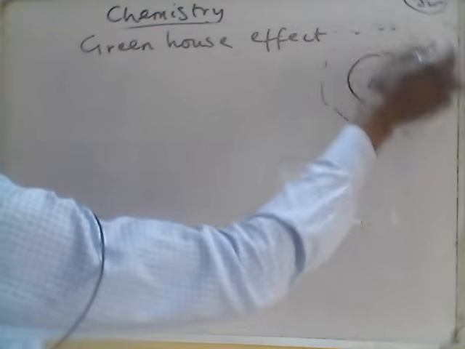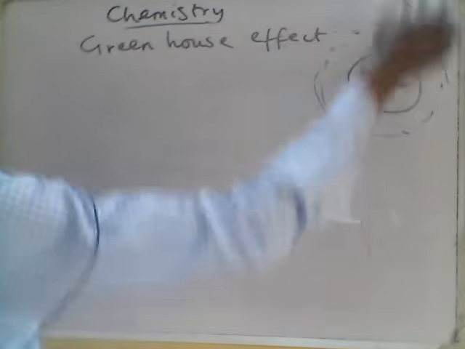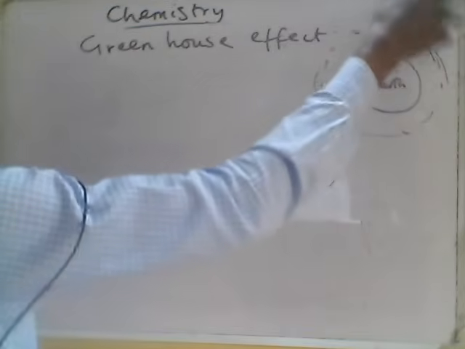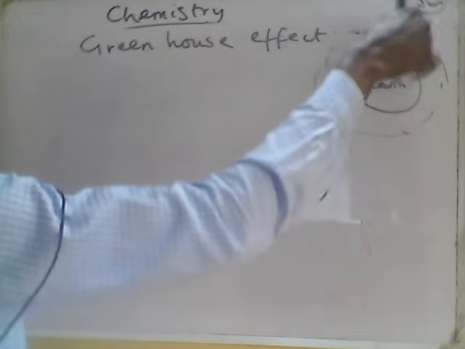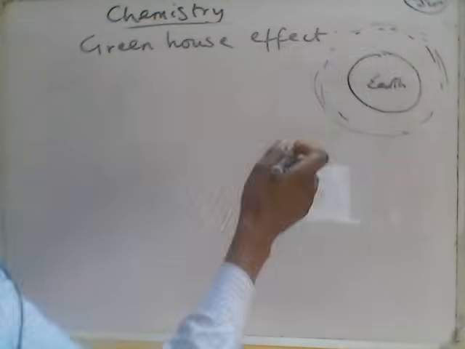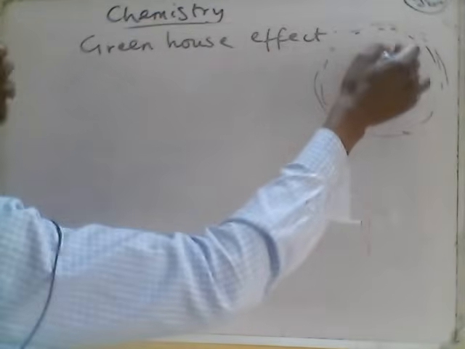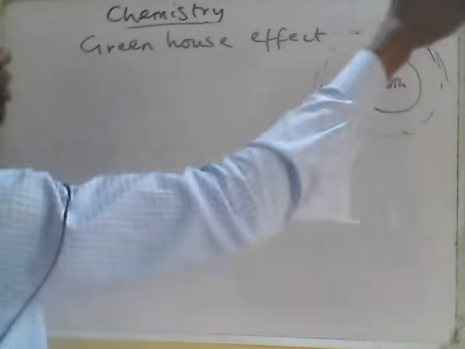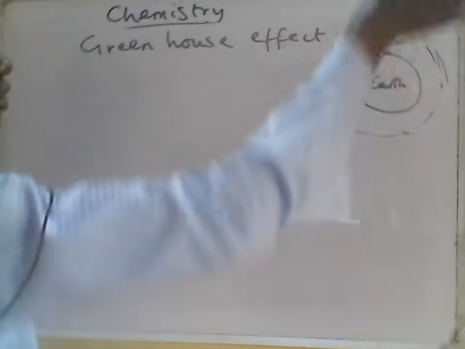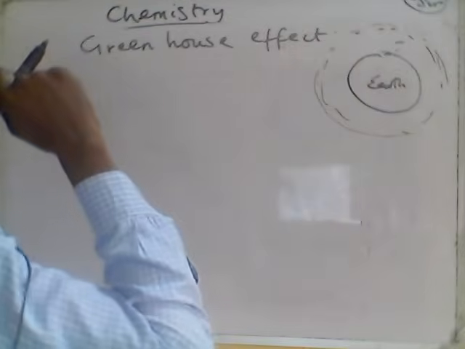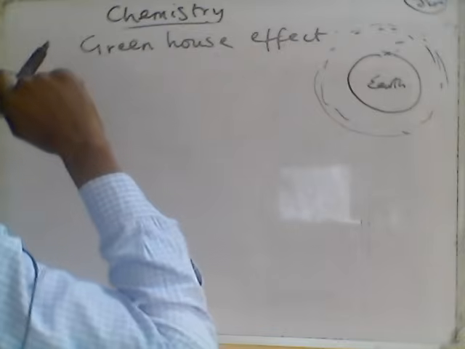There's an ozone layer that actually protects against the negative cosmic effects from coming into the Earth, maybe like heat. Okay, but then the Earth is producing heat. It's supposed to at least release this heat out into the atmosphere, into the space. But the greenhouse effect is gases.